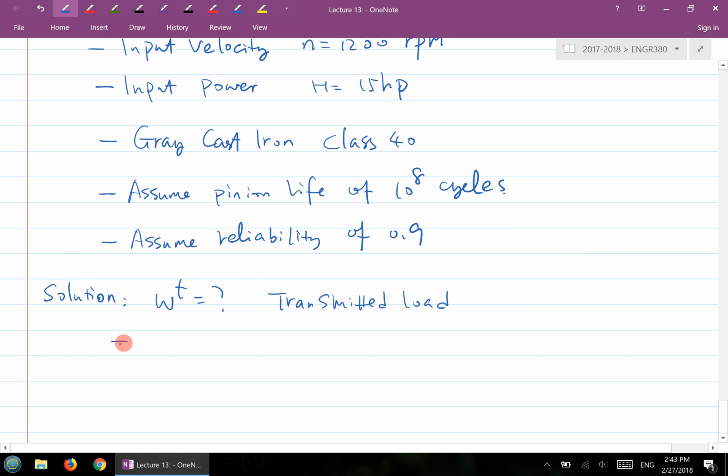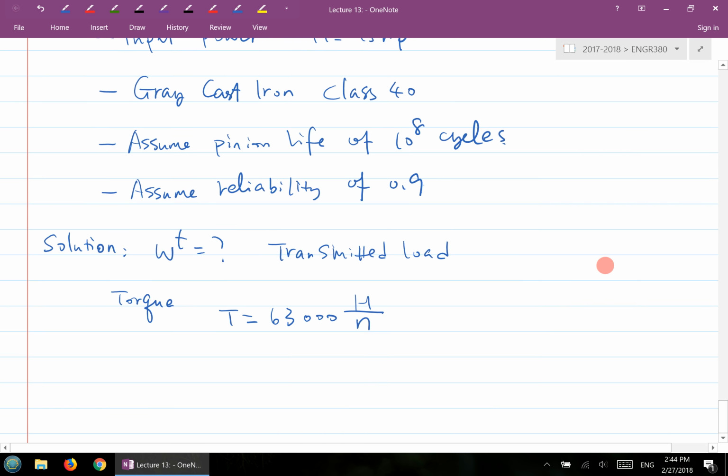So we start from torque. The question gives you the horsepower, and this is the US unit. If you recall the formula relating the horsepower and input velocity, T equals 63,000 times horsepower divided by the revolutions per minute.